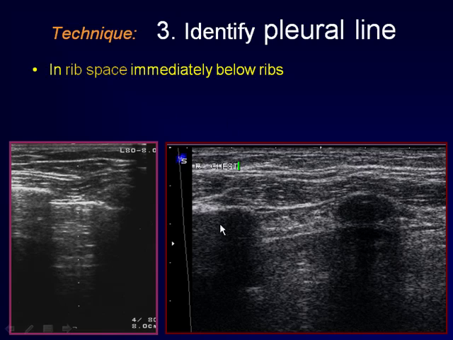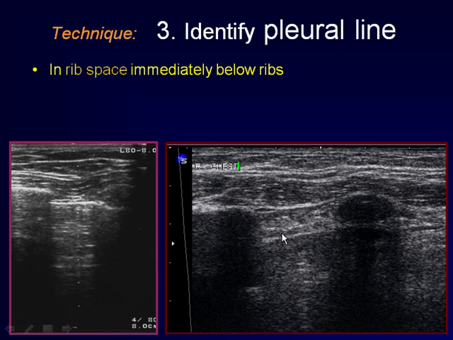Again, looking at these two still shots, you can see how many lines that your eye could be confused by. But if you focus on the ribs here and see the outer surface of the rib, it's intuitively obvious that the inner surface is about this depth here, and so this is the line that you're going to be focusing on.